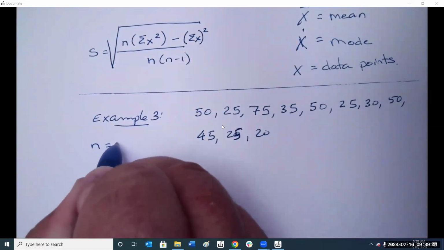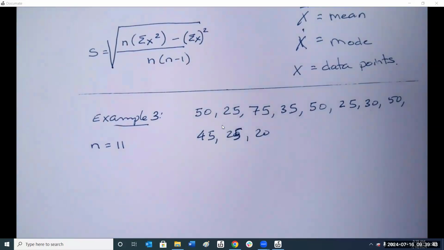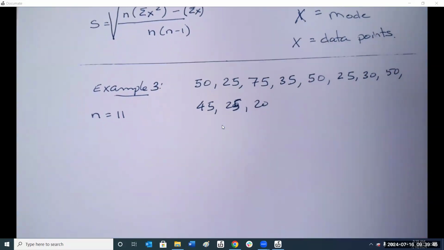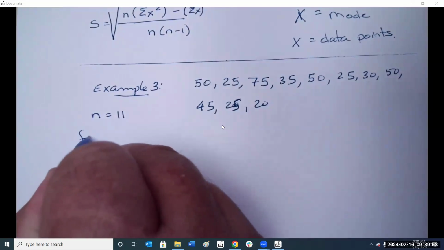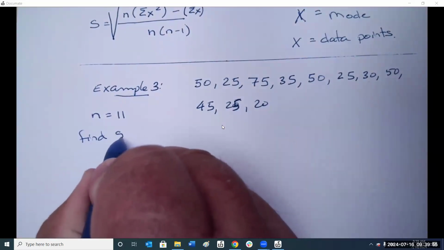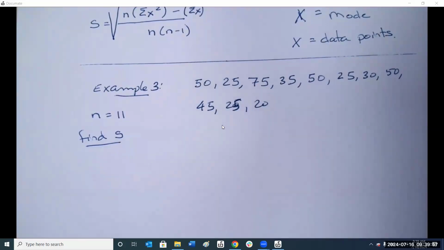And we should have 11 pieces of data. Our objective is to find S. S is the standard deviation.